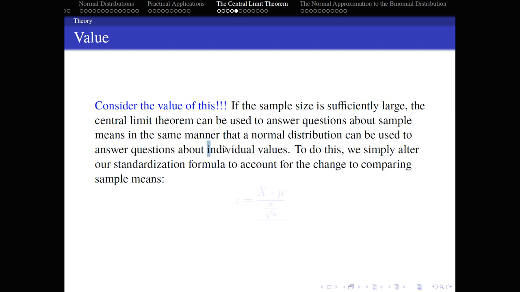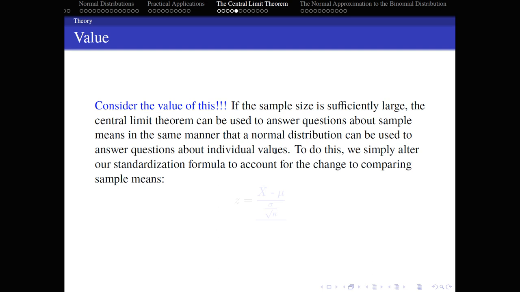It's not written on here, but a big thing to note is that now we don't have to care about the original distribution. If we're looking at the mean of a sample, I don't have to care about the distribution that the original sample came from. Actually, as a professional statistician, this is an extraordinarily important concept. If my groups are of a sufficient size, I don't care what the distribution of the raw data is.